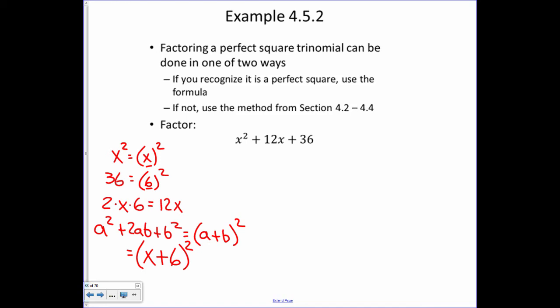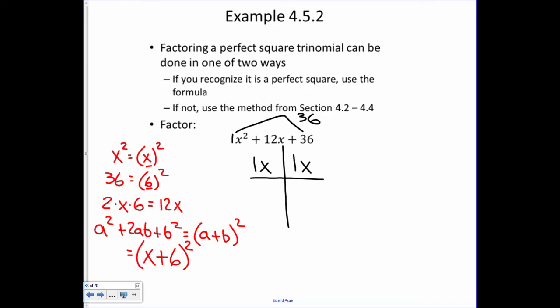Now this works just fine. If you can use the formula, by all means, use it. It's faster. But we can still use the same method we've been using to factor these things. So assuming the number in front is 1, we're going to take the first number and the last number and multiply them together. So 1 times 36 is 36. Make ourselves a box, 1x and 1x.